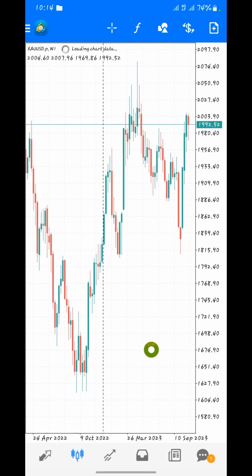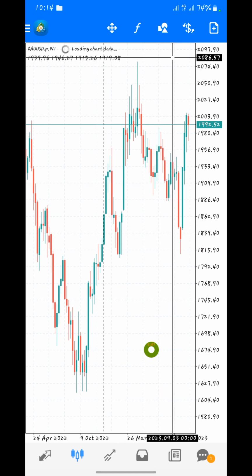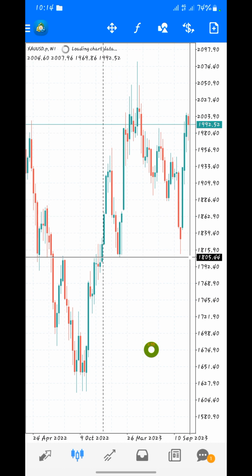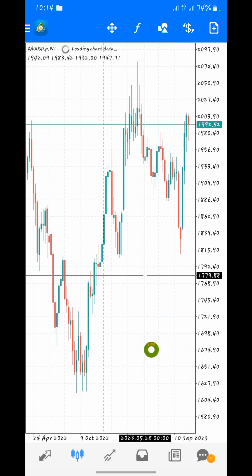As you can see on the weekly time frame, the market has been on an uptrend, reaching about 2082, and then it went back all the way to the price of 1807. That is according to our weekly analysis.